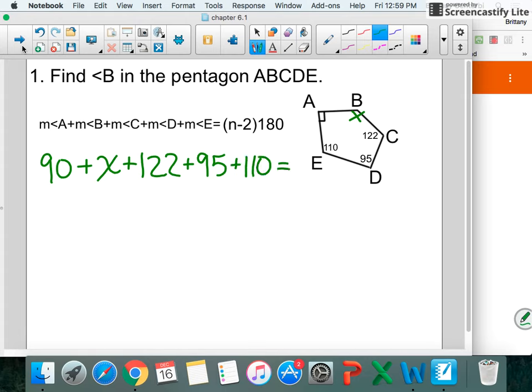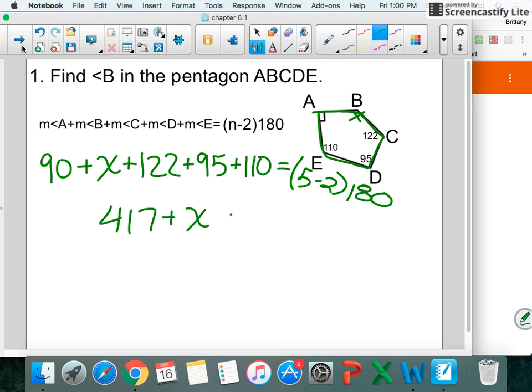Now to figure out the total, I have to go by the number of sides. So if I look, my sides are 1, 2, 3, 4, 5. So n is going to be 5. So I'm going to plug in 5 for n. And then I'm going to have to simplify that.